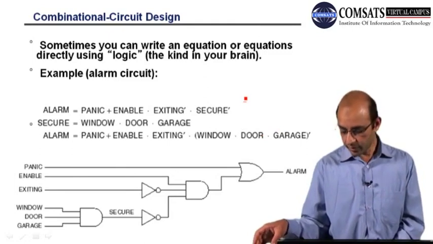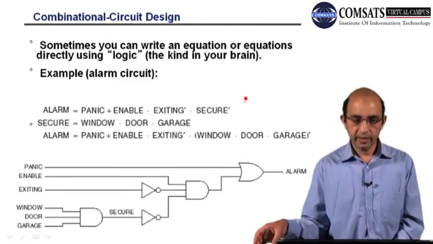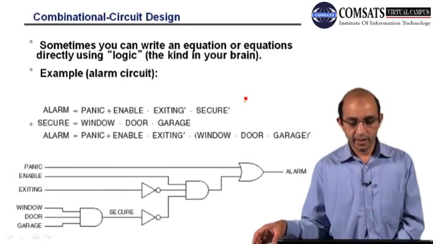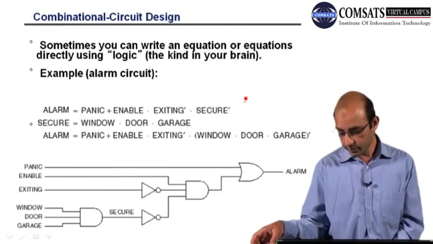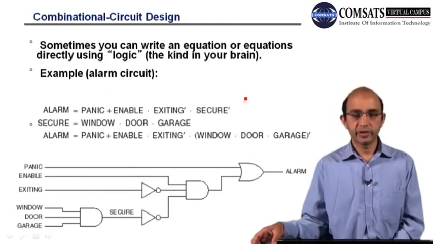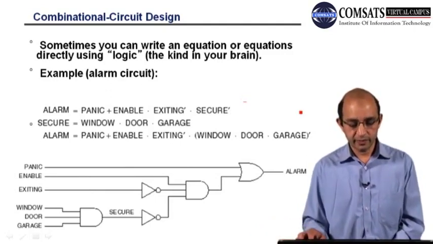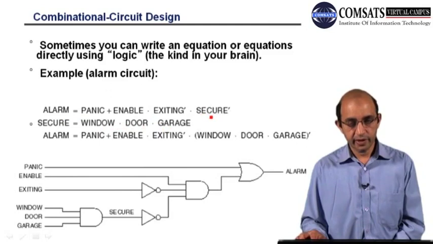So normally we have a panic, then we enable something, and people are exiting, and we normally look for secure exits. So these are the secure exits. You can see window dot door dot garage, and you can see that we have a secure over here, and we will be replacing this.